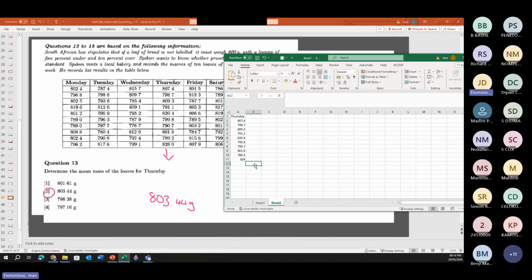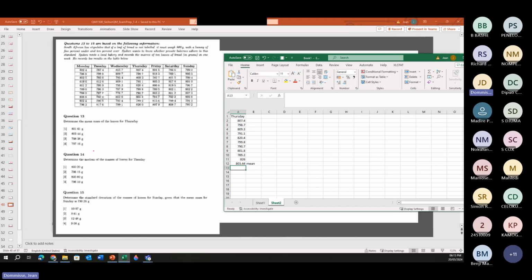If we then worked out the mean of that, it would just be the average, and we would have gotten 803.44. So if you added it up, divided by 10, and worked with a calculator, you will get exactly the same answer. But now they ask it a bit differently.